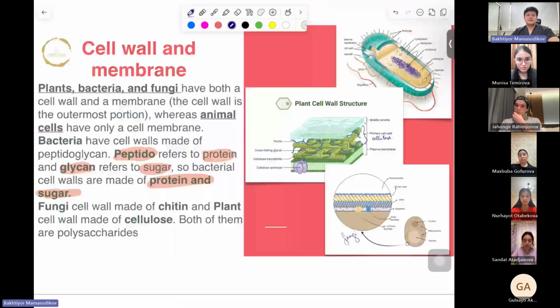Plants. Cellulose. What do you mean, capsule? No, capsule is only in bacteria. I'm asking you the cell wall of plants. The cell wall of the plant is called cellulose, okay?